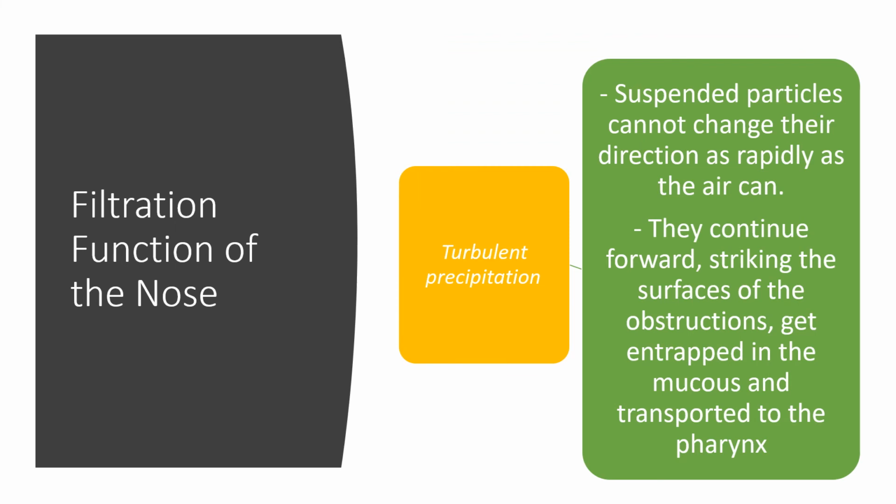Each time air hits one of these obstructions, it must change its direction of movement. The particles suspended in the air, having far more mass and momentum than air, cannot change the direction of travel as rapidly as the air can. Therefore, they continue forward, striking the surfaces of the obstructions, and are entrapped in the mucous coating and transported by the cilia to the pharynx to be swallowed.